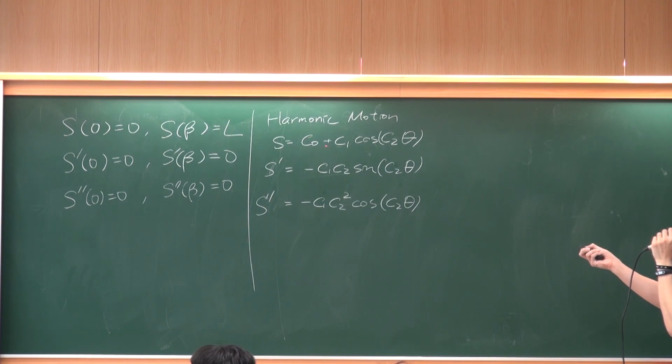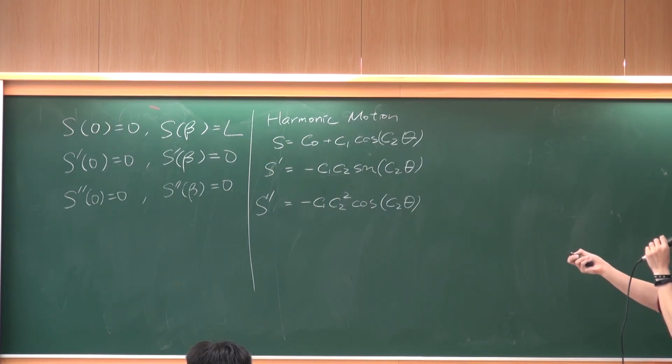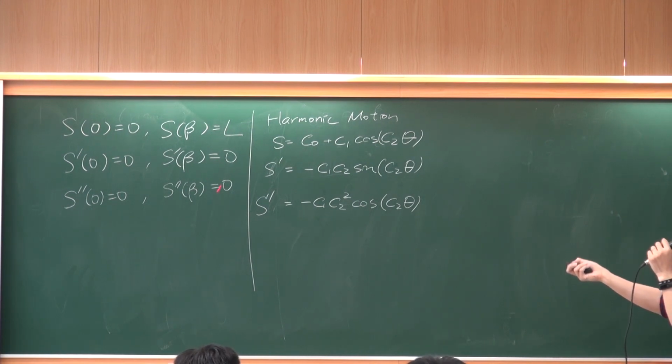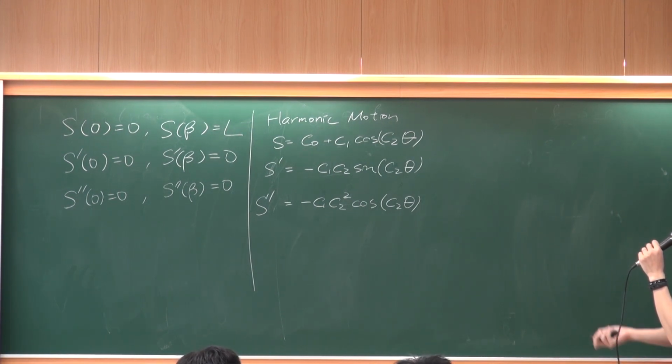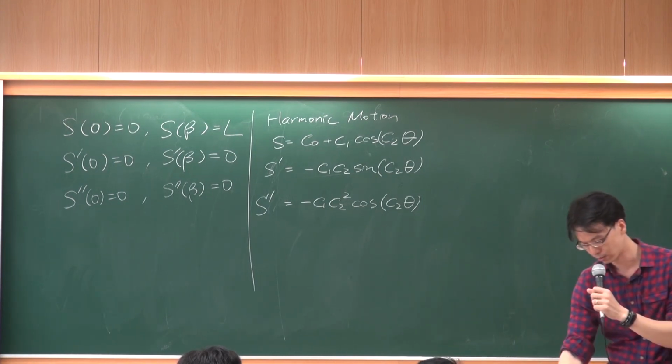Basically a constant plus another constant times cosine of a constant times theta. And we'll see if this one can satisfy these 6 conditions. Right now it seems impossible because we have only 3 variables, but we need to satisfy these 6 conditions. 6 conditions means 6 equations. 6 equations should solve 6 unknowns instead of 3. But let's see how much this can do.